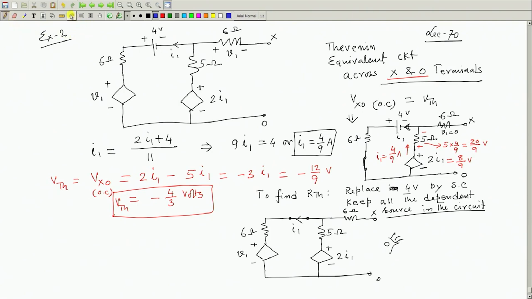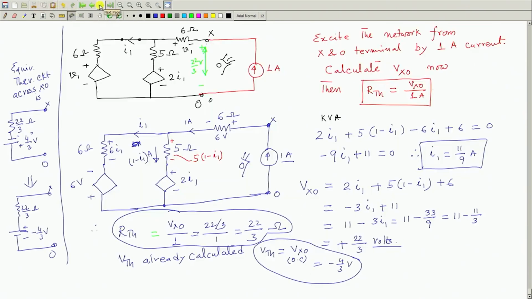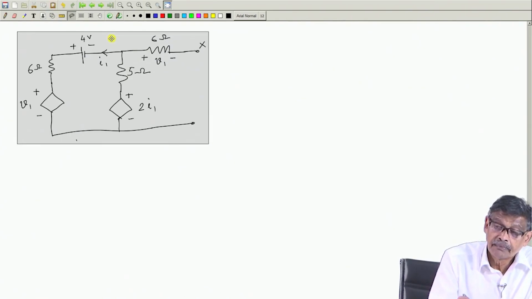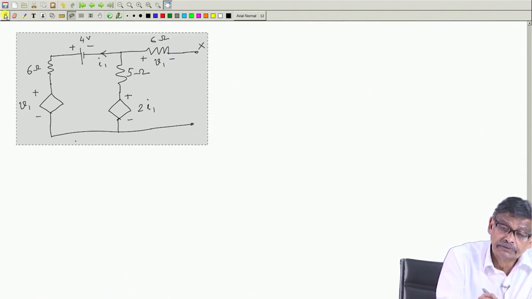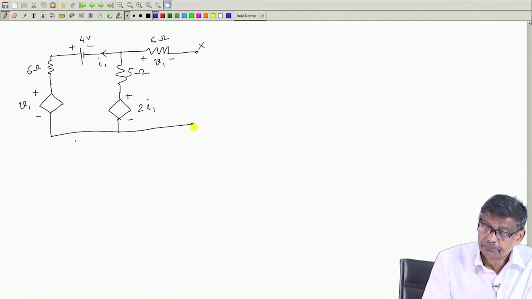So, what you do is this, I will copy this network. Now, R Thevenin's I have already calculated. So, I copy this and go to the next page and paste it. That is, suppose I ask you, this point is O. I think all parameter values are as in the original network.